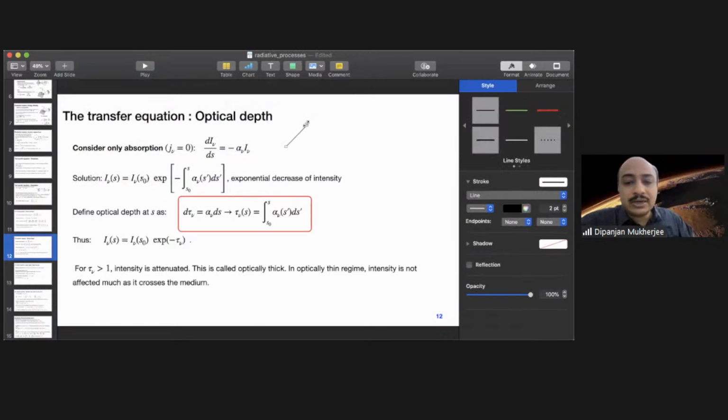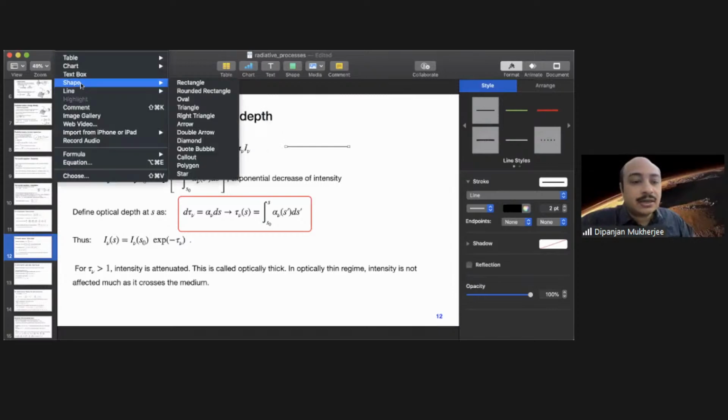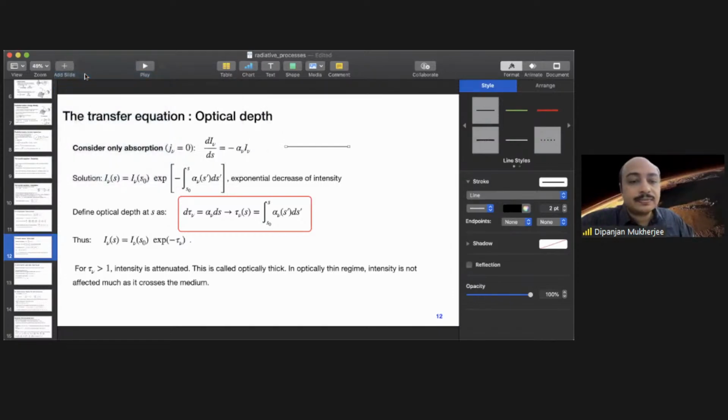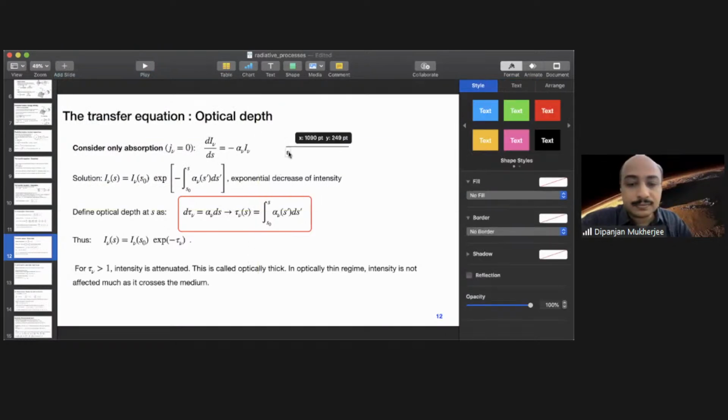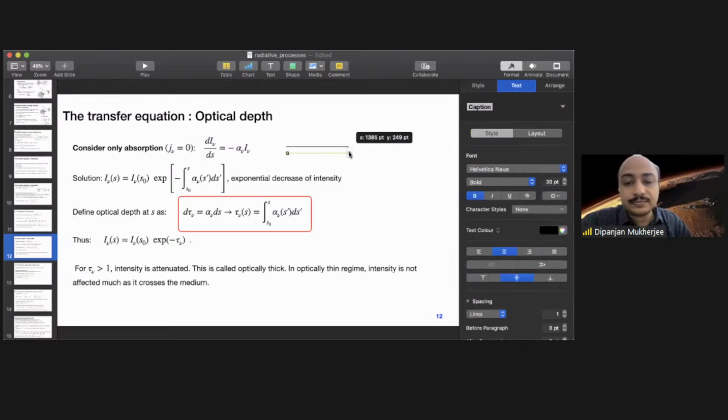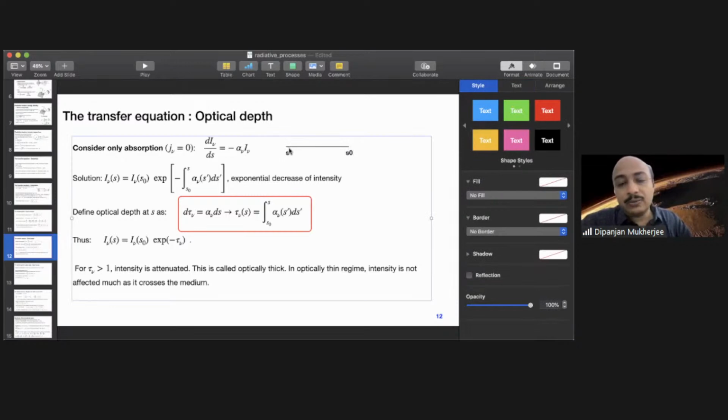I hope you are able to see my line. Yes, sir. Okay, this is S, the starting point. This is S0, the end point. And we are essentially just integrating over this path length, which I call S prime, the integral variable.